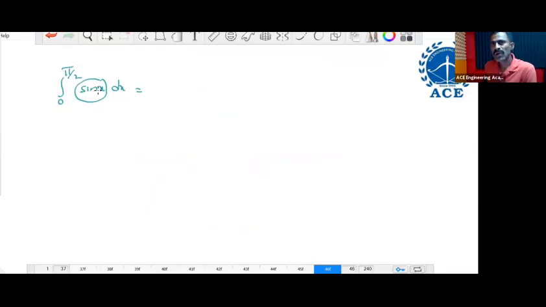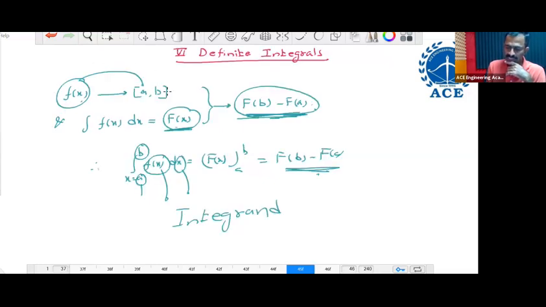Sin x is continuous for all values of x. You take any interval, in every interval the function will be continuous. So in the particular interval 0 to pi by 2, sin x is continuous. So one condition is satisfied, the continuity condition.